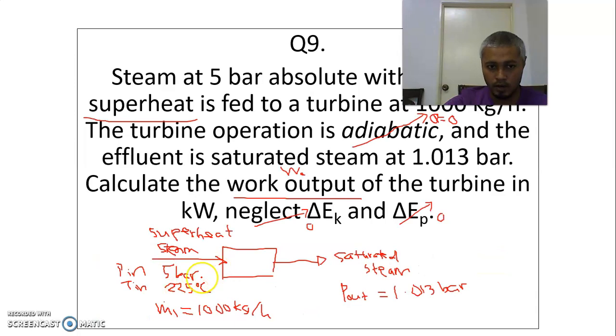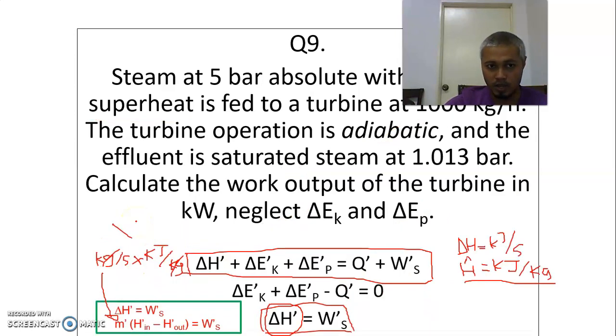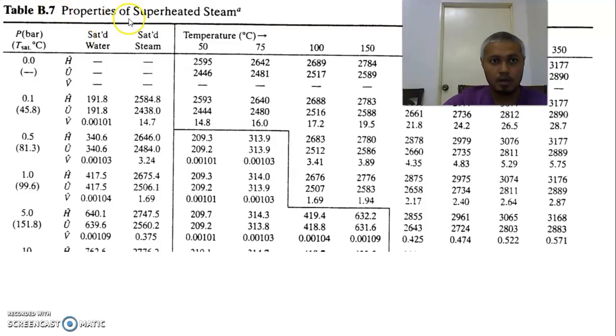So we go back to the flow diagram. Just add one more variable here. We need to find the value of H in and H out. To find H in, we know the pressure and also temperature for superheated steam, so go to table B.7, for superheated steam.